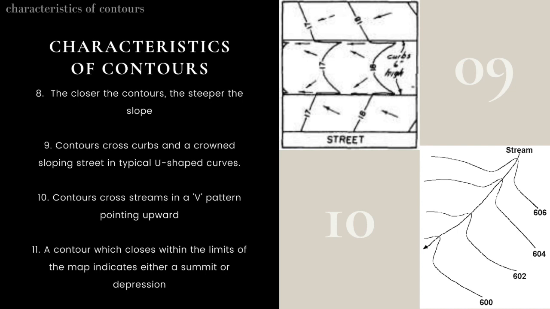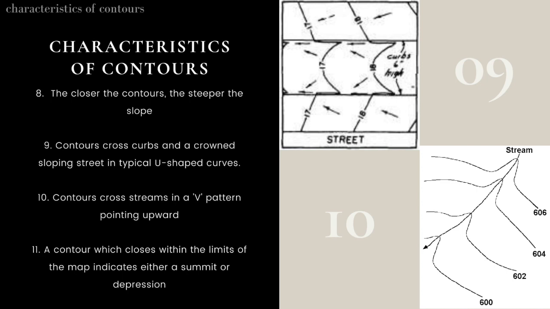Number 9, contours cross curves and a crowned sloping street in typical U-shaped curves. Basically, roads are represented as U-shaped curves. Number 10, contours cross streams in a V pattern pointing upwards. So, the direction of the stream is usually opposite to the V formation.